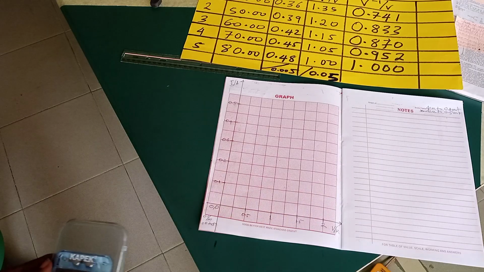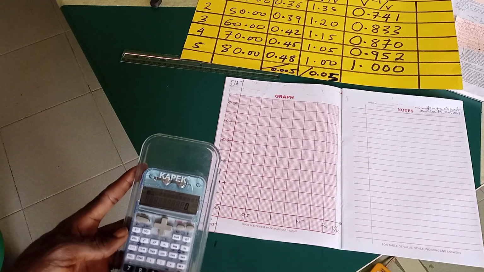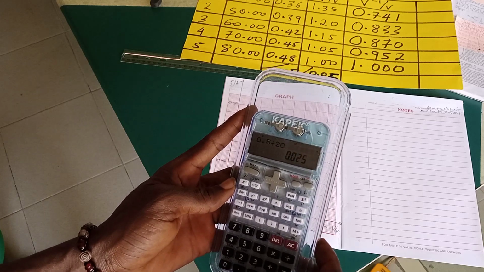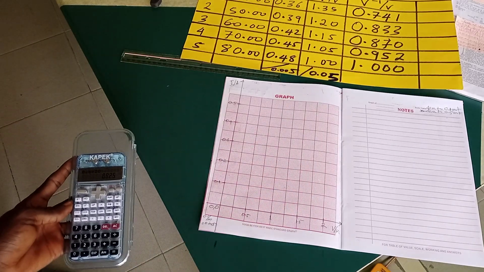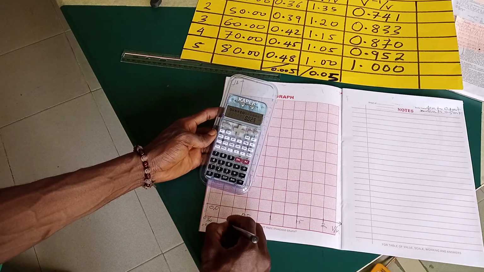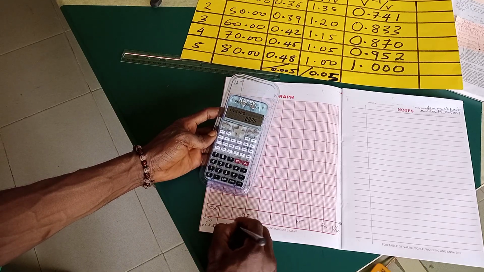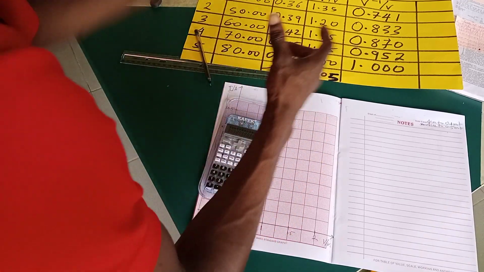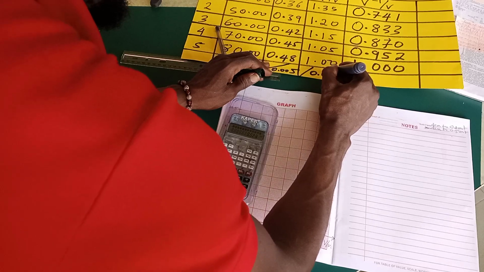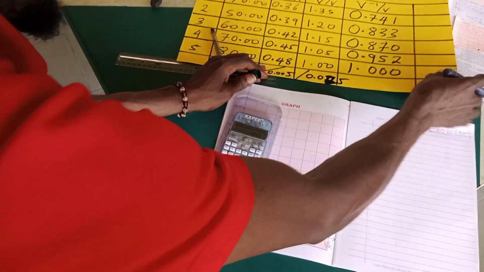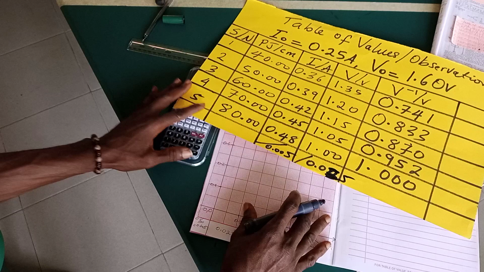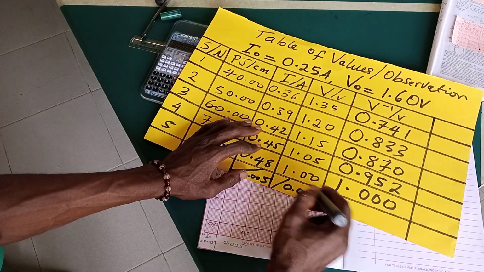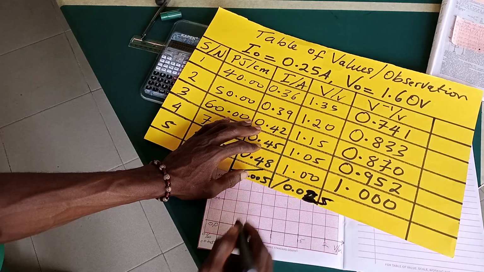Now, on the horizontal axis, we say 0.5 divided by 20, and that will give us 0.025. So what we are going to do right now is divide everything here by 0.025.